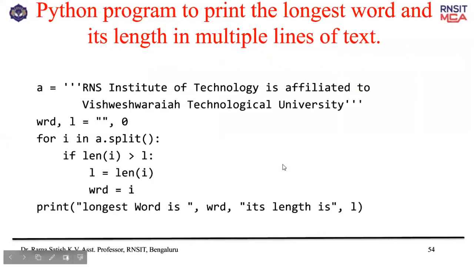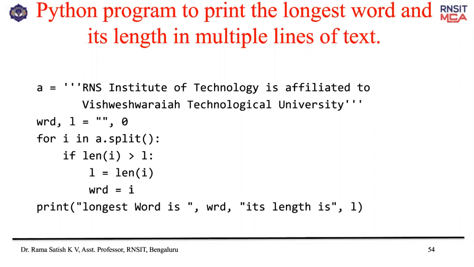Next, the next program is to print the longest word. Longest word in the sense, the word which is having the highest length, in terms of number of characters. So the string, whatever I am writing, I am writing in a multiple line text.